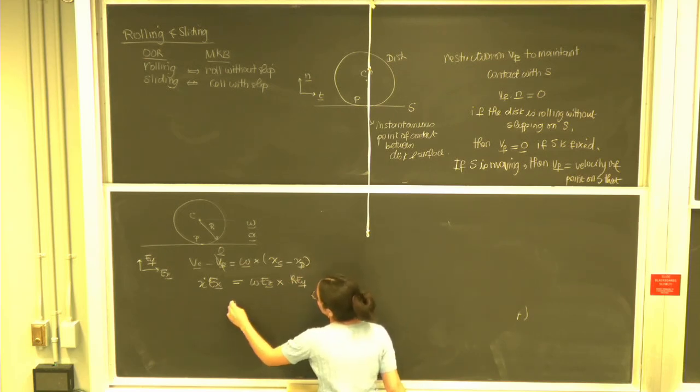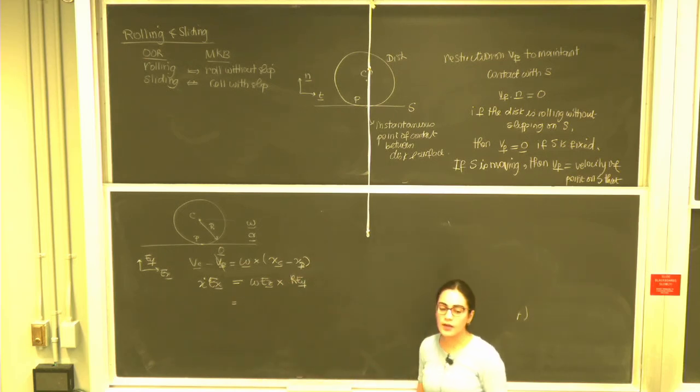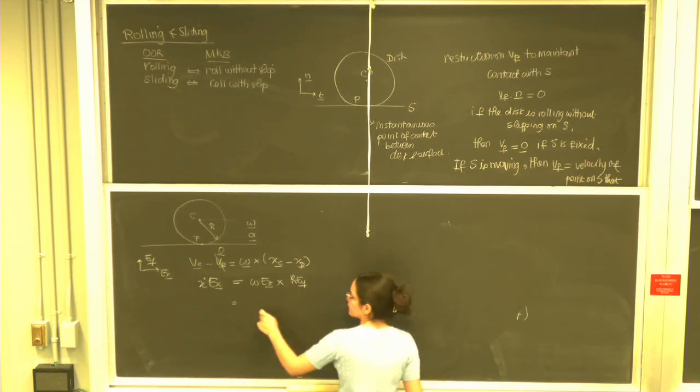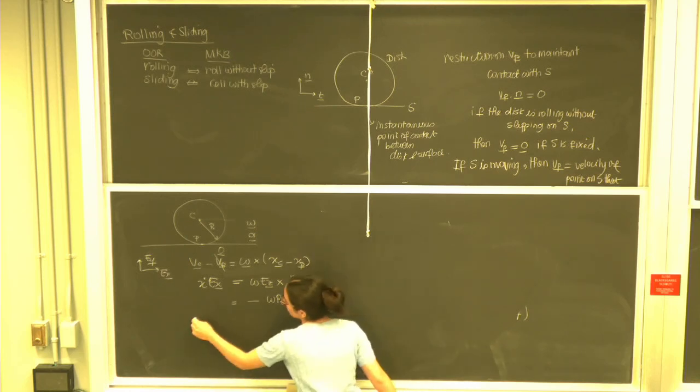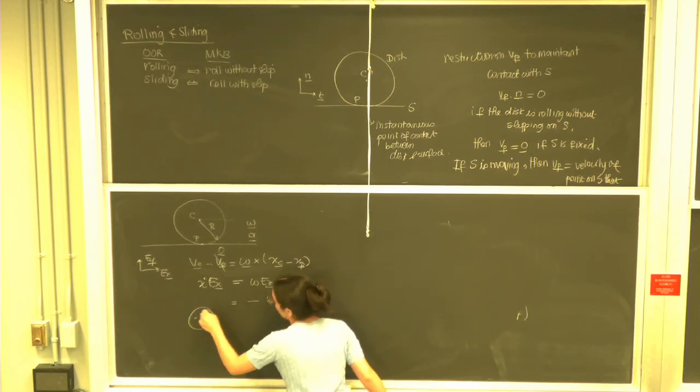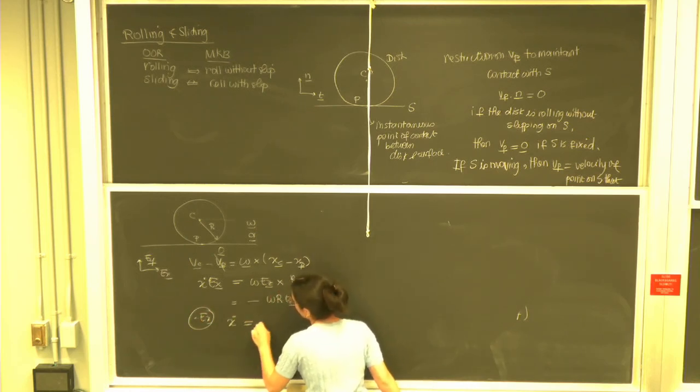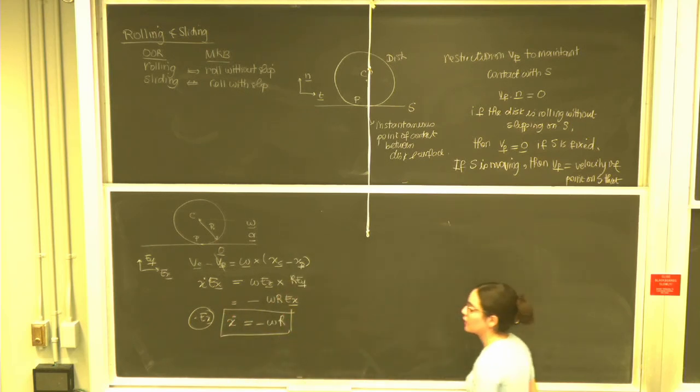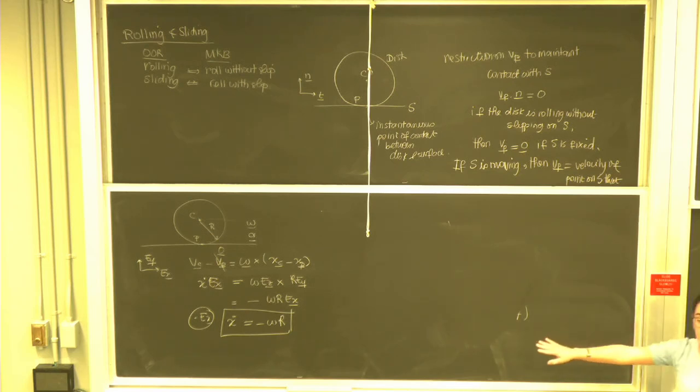Which gives Ez cross Ey, which is minus Ex, so minus omega R Ex. I can project along Ex: x dot is equal to minus omega R.